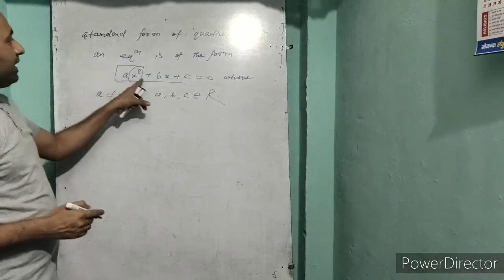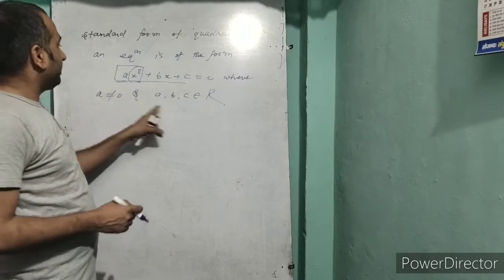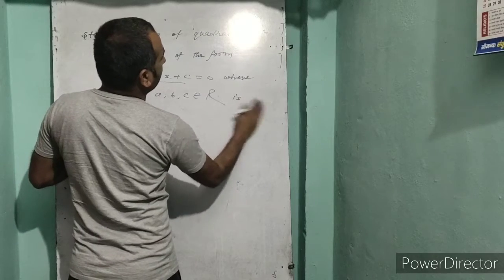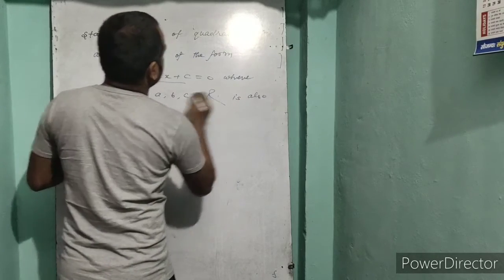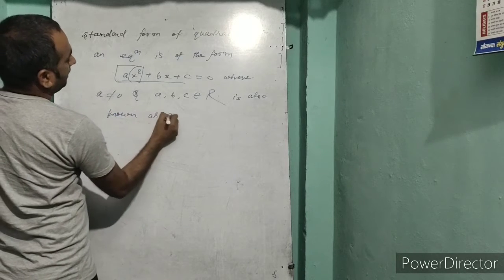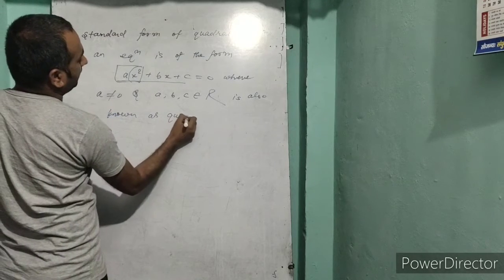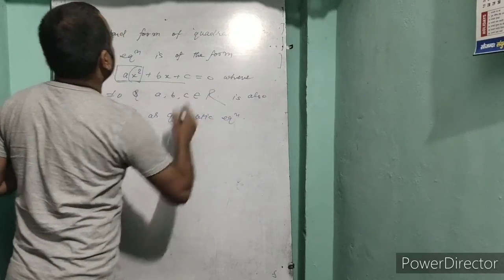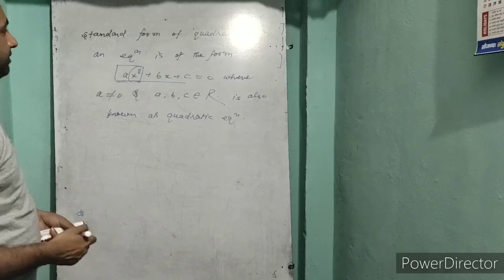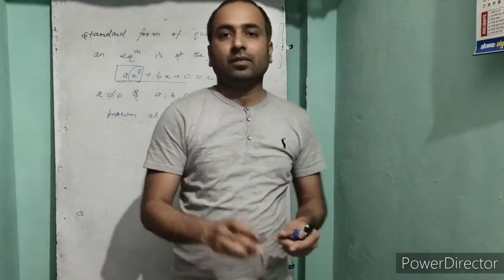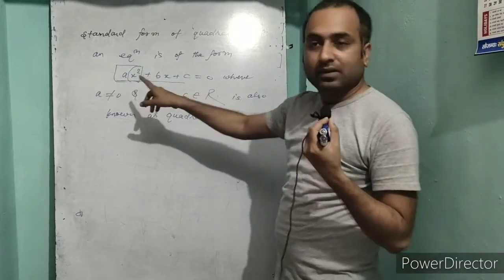An equation of the form ax square plus bx plus c = 0, where a, b, c are real numbers, is also known as a quadratic equation. Okay, and listen here, what is the degree of this equation?